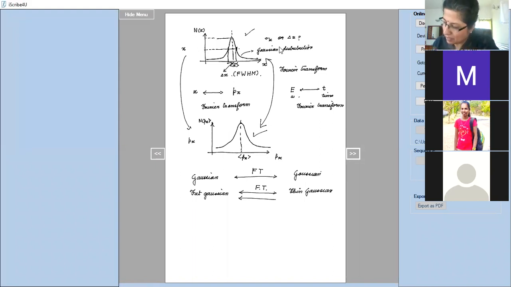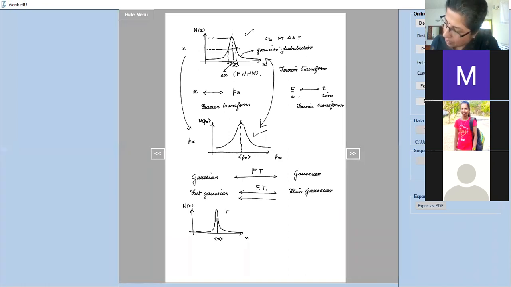If this is your x, and this is your expectation value of x, and you have a thin Gaussian, what does a thin Gaussian mean?